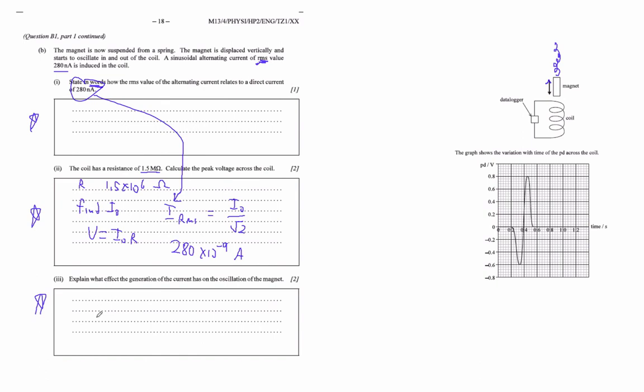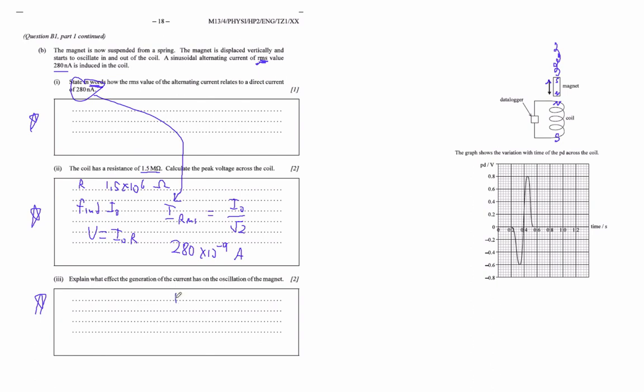But I think what they want us to say here is that as the magnet approaches, let's say the bottom's north and the top's south, they don't even tell us that, right? But if the bottom is north and the top is south, as the magnet approaches, the current flows to oppose that motion. It's always being opposed. So the current is always going to flow to oppose the motion of the magnet. This will tend to slow the magnet down.